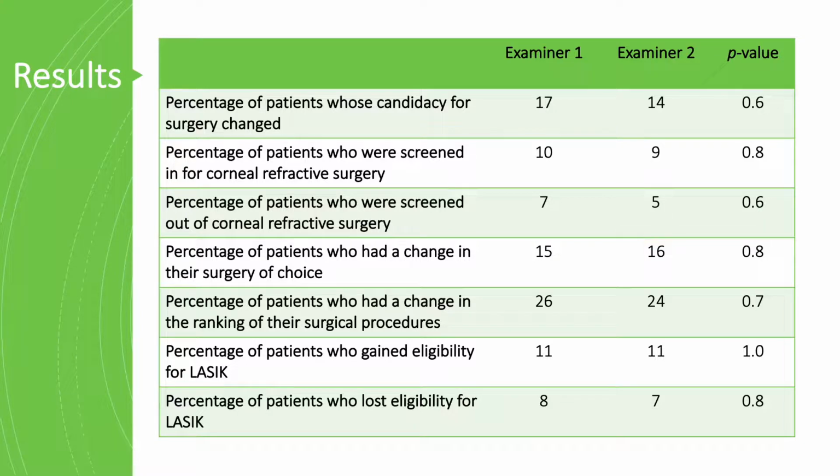The surgery of choice changed for 15 to 16% of patients, and the ranking of surgical procedures from most favorable to least favorable changed for 24 to 26% of patients. 11% of patients gained eligibility for LASIK, which we considered the most biomechanically destabilizing of the procedures offered, and 7 to 8% lost eligibility for LASIK. If you take a look at the p-values in this table, you can see that there was no difference in the change in assessments of both examiners.